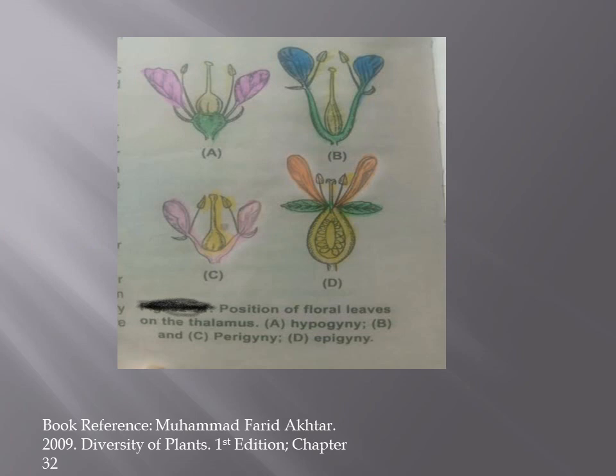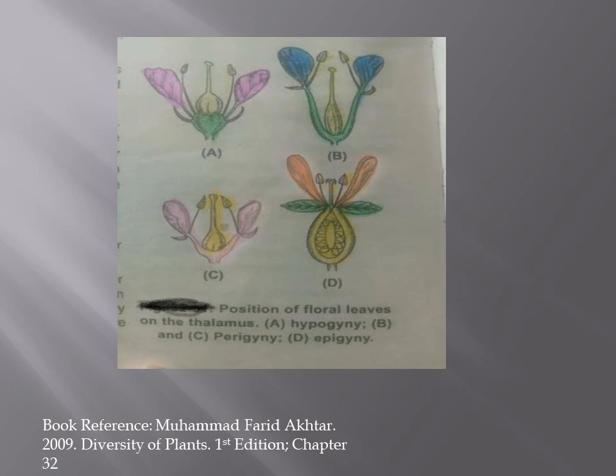In this diagram you can see the position of floral leaves on the thalamus. I have told you that the thalamus is the swollen part of the flower where all the sepals, petals, androecium and gynoecium are arranged. Diagram A indicates the hypogynous condition where the superior ovary is present.